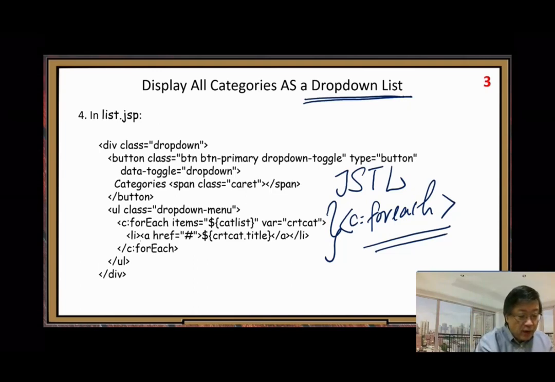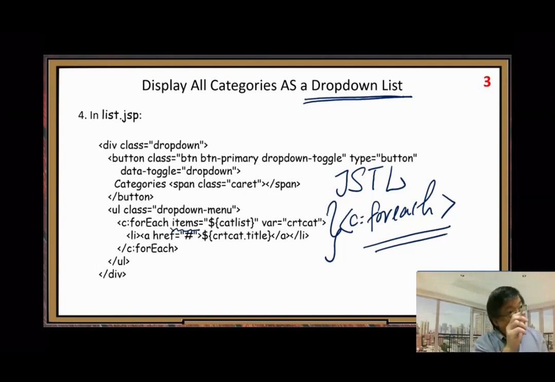For each option, we run a for each, then the attribute items equals our list of Java Beans. That attribute name, cat list, in dollar curly braces cat list, is the list of Java Bean objects.